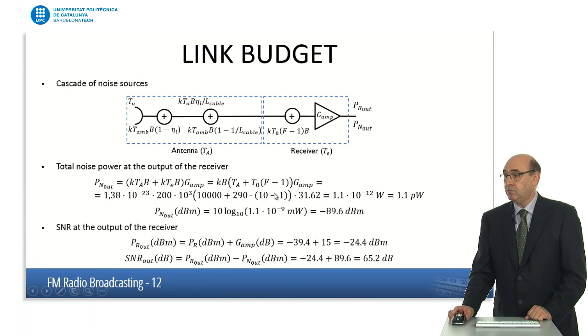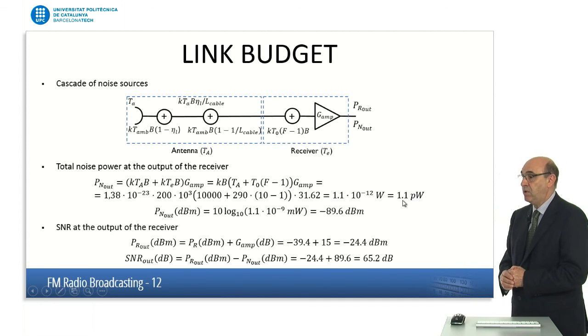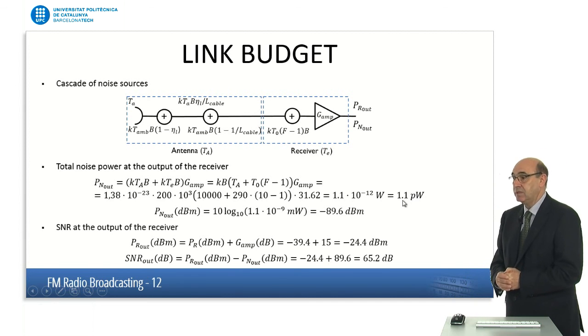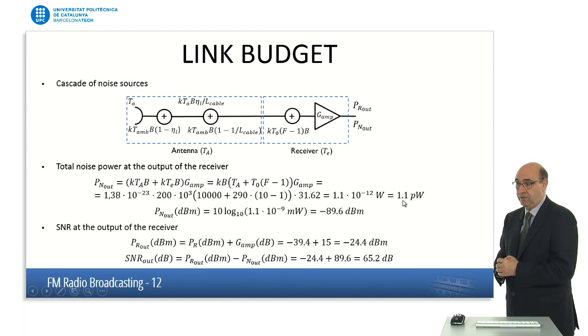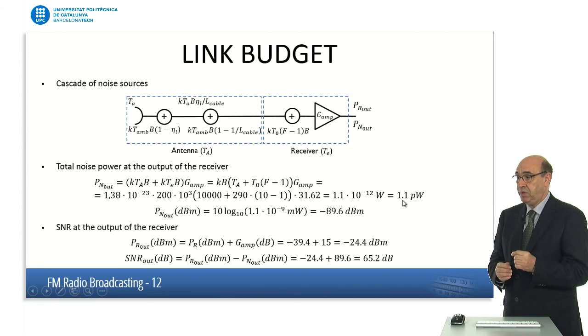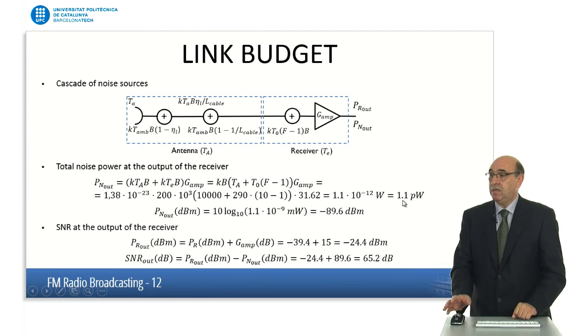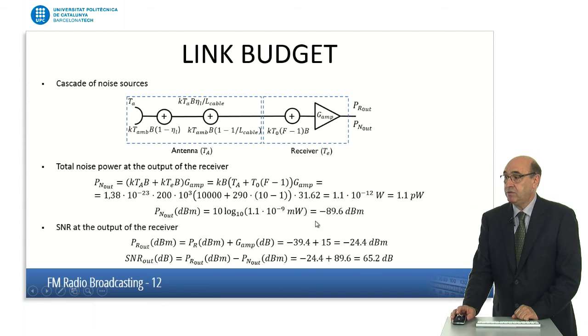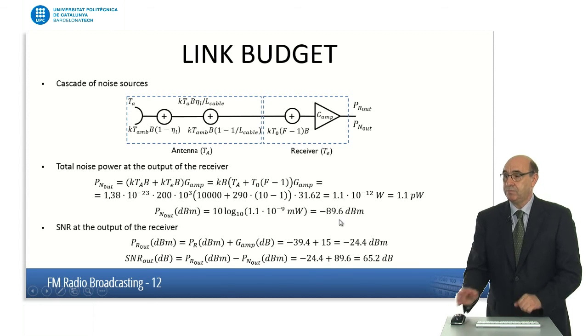And we work those numbers, and we get that the noise power at the output is 1.1 picowatt. And if you transform this into log, it will give you almost minus 90 dBm.